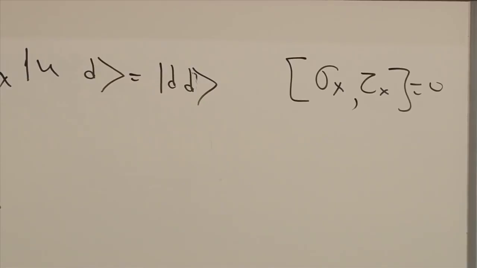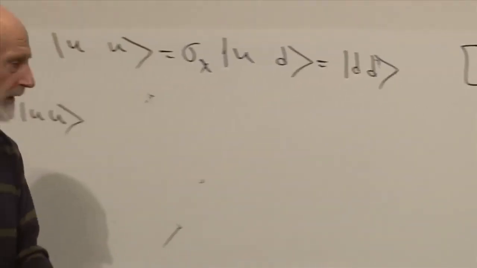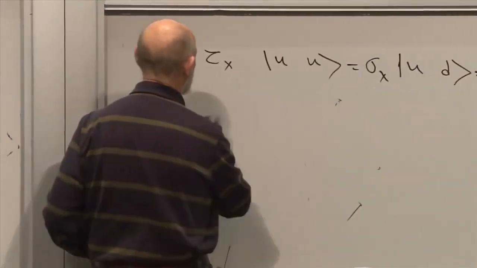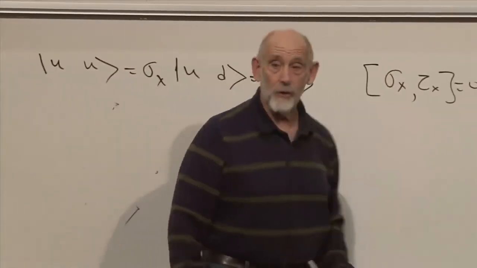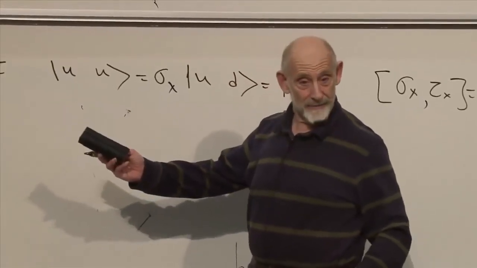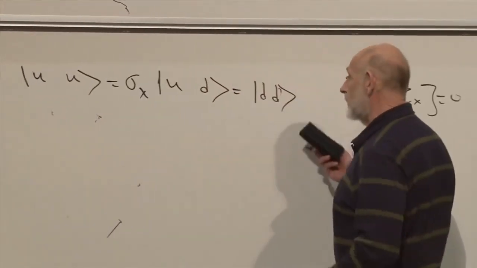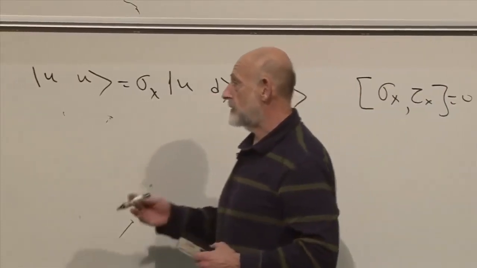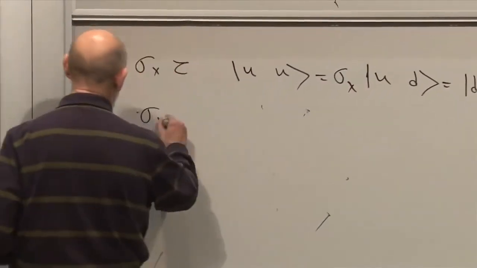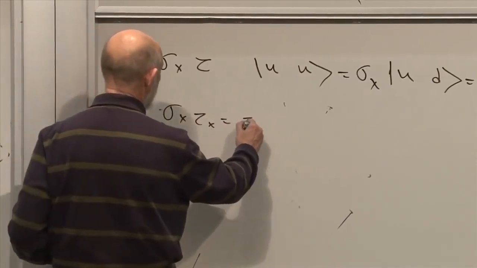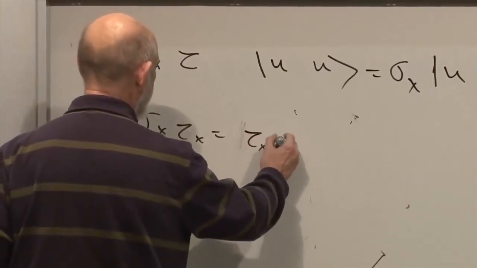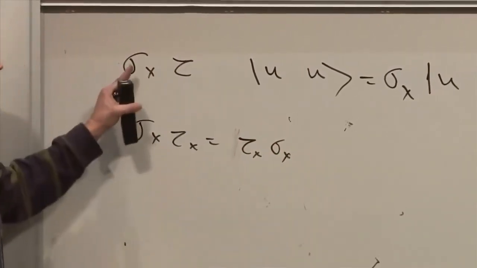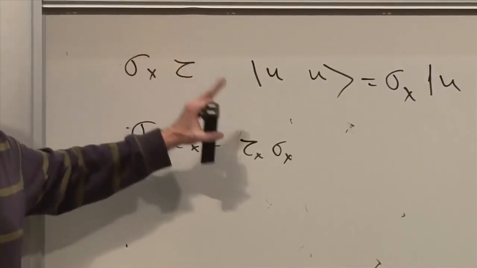Let's try it for sigma x times tau z. Oh, I have not proved this, because I only exhibited it for one particular state. In order to argue that sigma x times tau x equals tau x times sigma x, you would have to show that they give the same thing when acting on any basis vector.